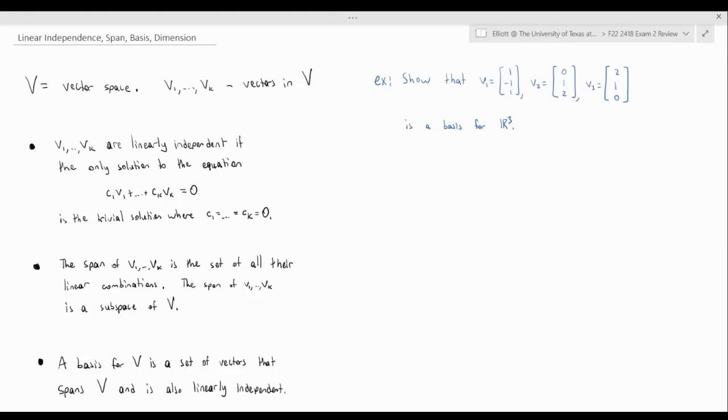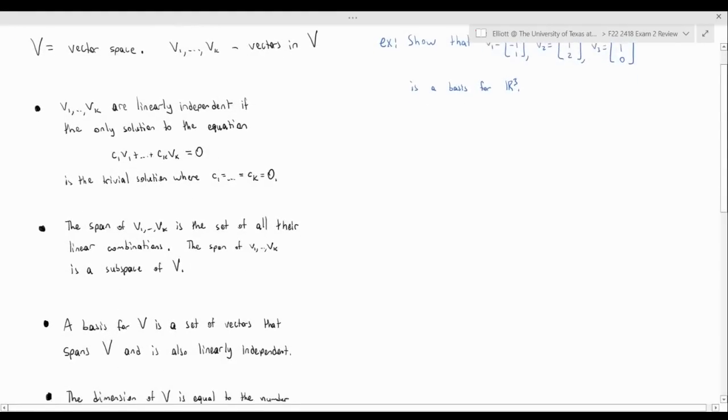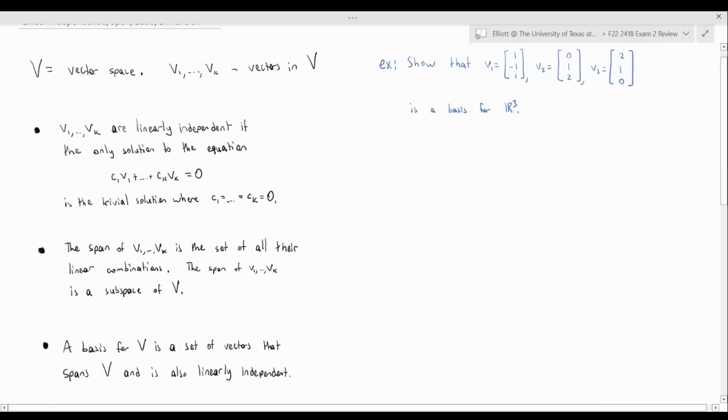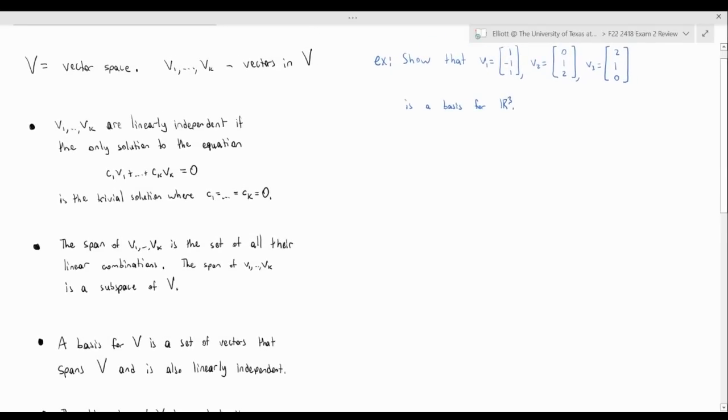So going over the definitions and maybe trying to do a couple of quick examples. So if you have a vector space, and then let's say you have some vectors v1 through vk inside the vector space V.